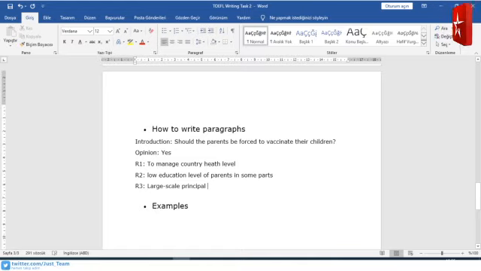But when the government does not know if the parents will vaccinate their children, then they will not be able to use the wholesale principle, and they will buy maybe little amounts. Because they buy little amounts, they will need to pay more money. It will be more expensive for the government. So here we are talking about government's economical situation, okay?